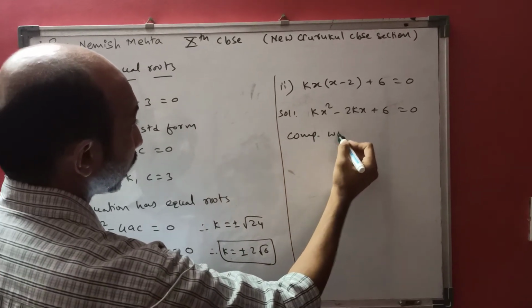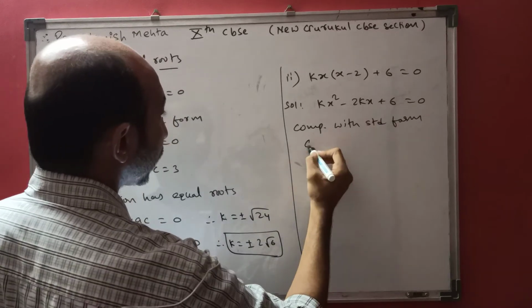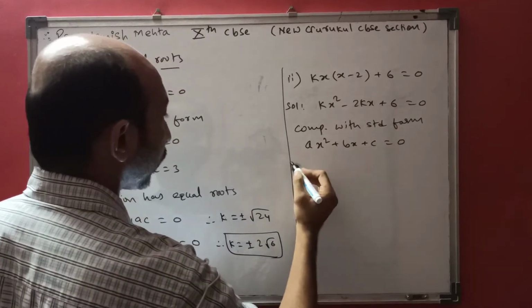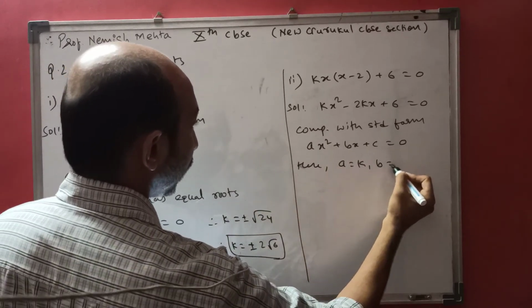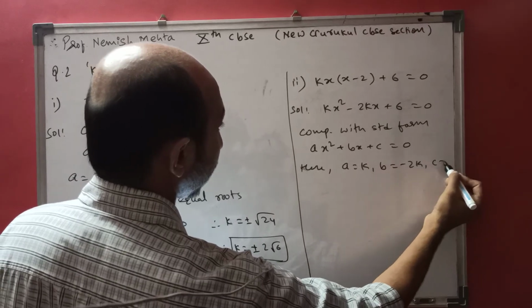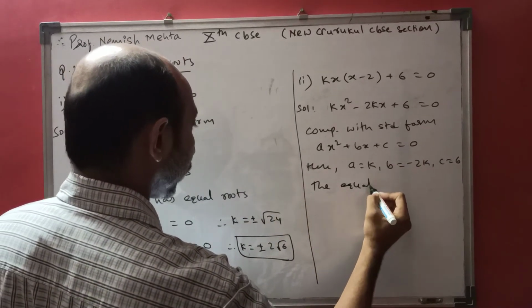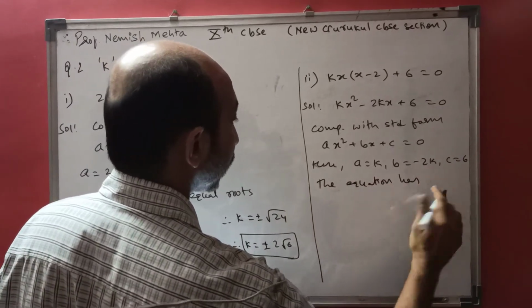Comparing with standard form, ax square plus bx plus c equals to 0. Here a equals to k, b equals to minus 2k, c equals to 6. Same. The equation has equal roots.